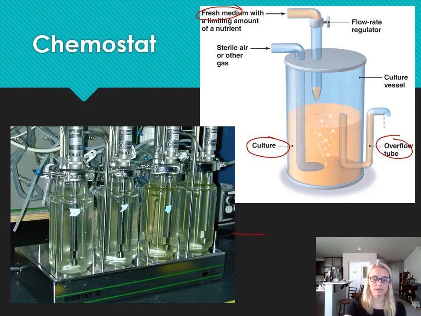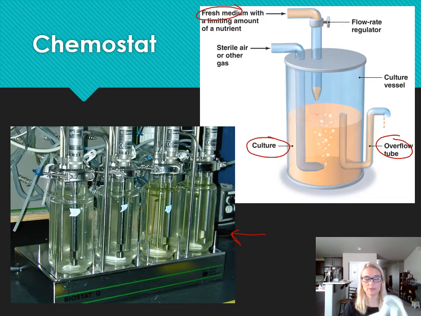This is a picture of a chemostat that I found online, but instead of growing bacteria, it's growing algae. That's why it has a green appearance, but it's doing the same thing. They're trying to regulate the environment to maintain exponential or logarithmic growth, because that's the growth phase the researchers want their cells to maintain.